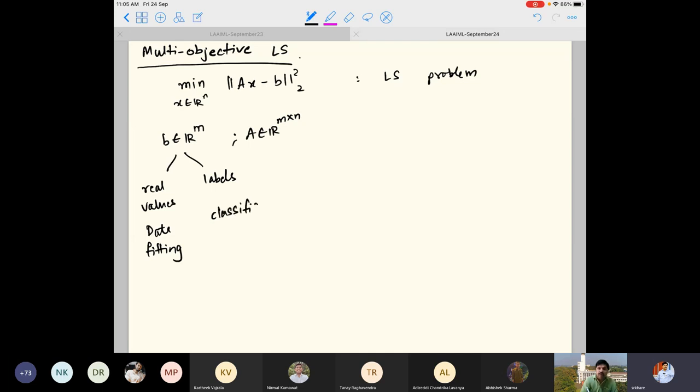So least squares classification and least squares data fitting, based on what types of outputs y you see.